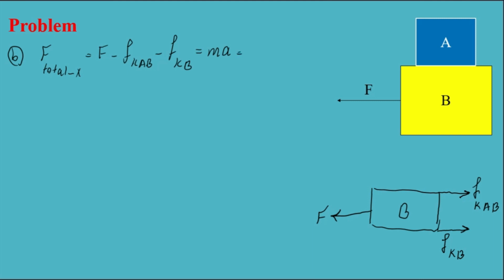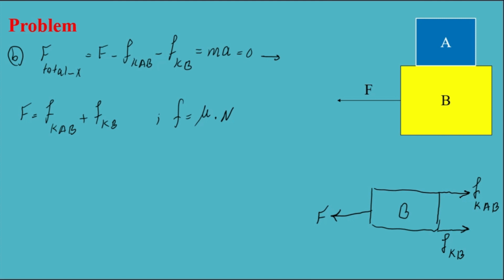And that's going to equal 0, because again, it's mentioned that the box moves with a constant velocity. Then my F here is going to be equal to FKAB plus FKB, right? And F in general is equal to mu n.